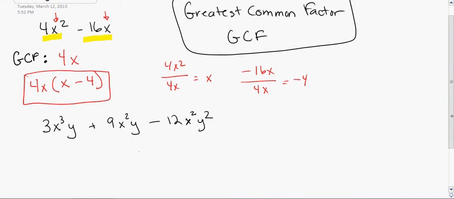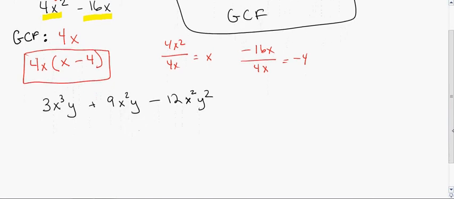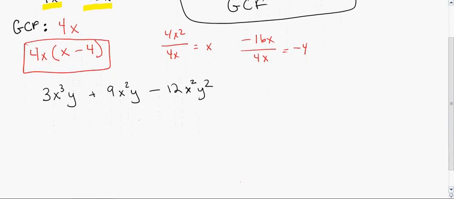Let's do the same process again with my second polynomial. So step 1 is going to be to decide what number goes into 3x cubed y, 9x squared y, and 12x squared y squared. And what goes into 3, 9, and 12 is 3. So I know that my greatest common factor has at least a 3 in it.